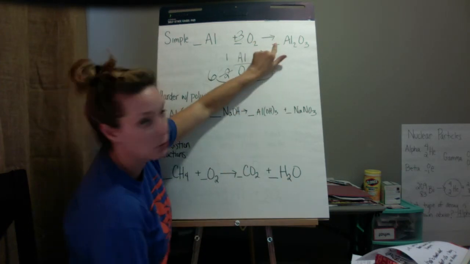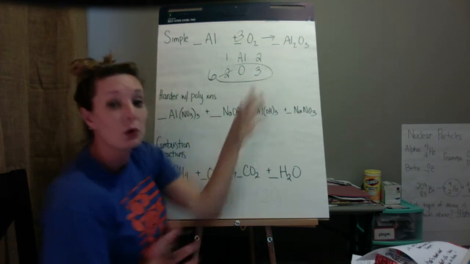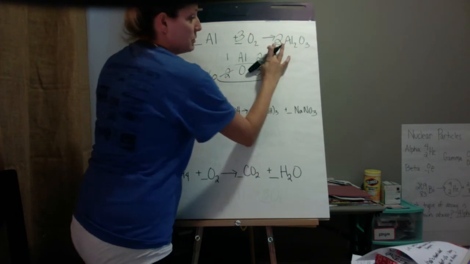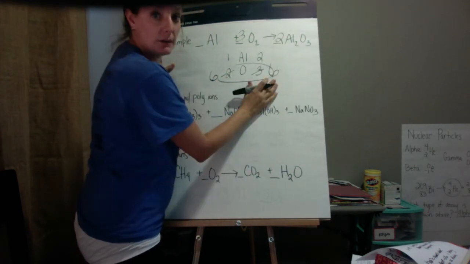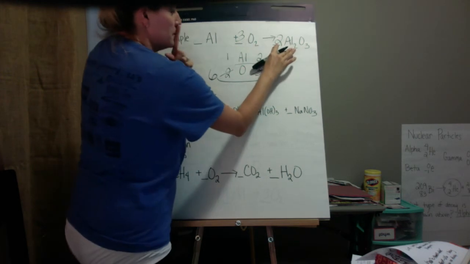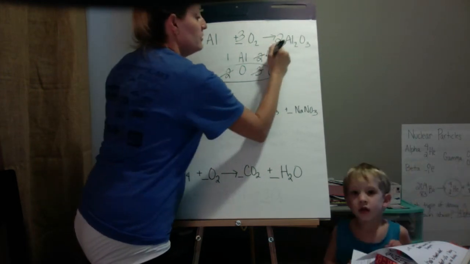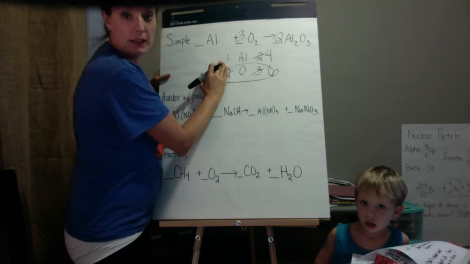So I'm going to stick a number in the front that when it multiplies by 3 will equal 6. And that would be a 2. So 2 times 3 means I now have 6 O's. But I changed aluminum. 2 times 2 means I now have 4 aluminums on the right side. I need to have 4 on the left.